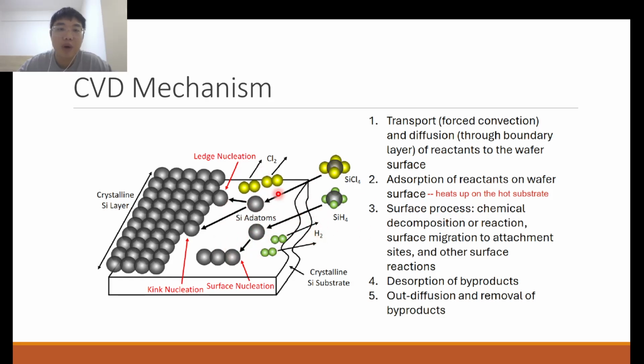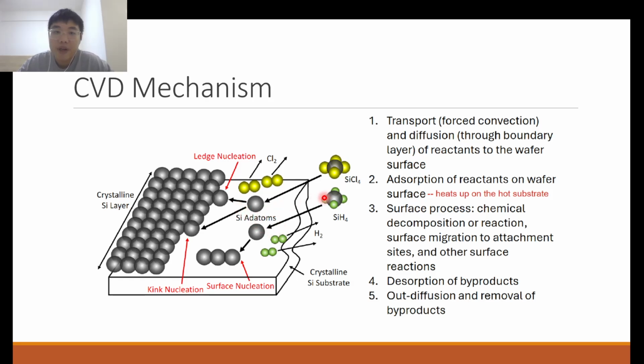Subsequently, in the case where there are two or more reactant species, they will undergo a chemical reaction. In the case of the deposition of silicon from silane earlier, it's just a simple decomposition of silane to get your silicon material.